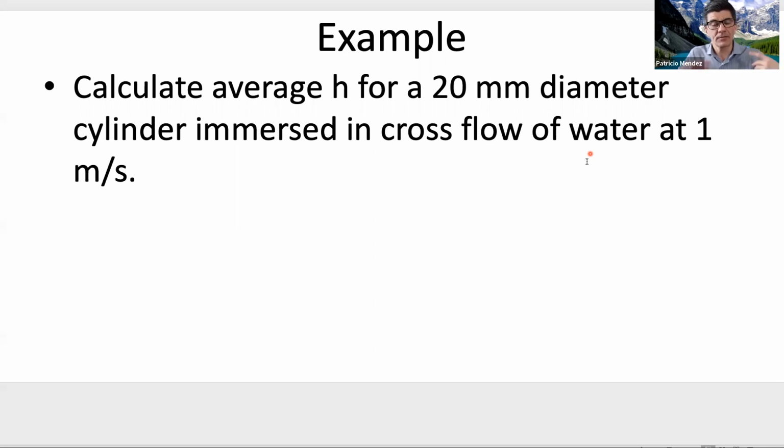But let's pay attention. Here it says cylinder. That's important. We know it's a cylinder, not a flat plate, not a sphere. Great. Here it says average h. It is the average convection coefficient. They are not asking us about local. That matters. For a plate, we talk so much about the local convection coefficient that we might forget that what we actually use the most in practice is the average, not the local.